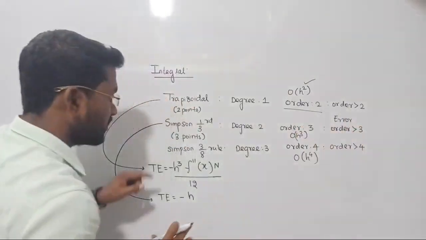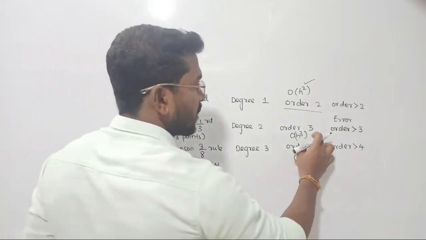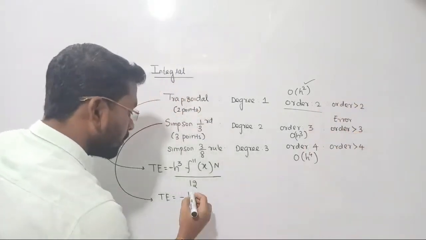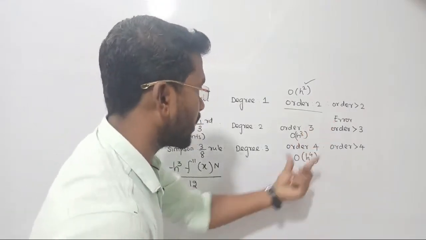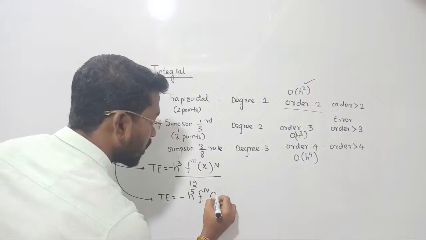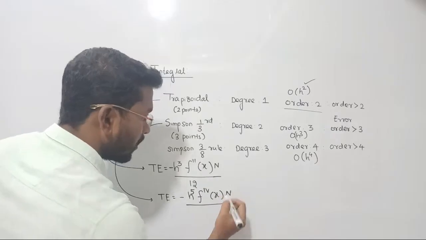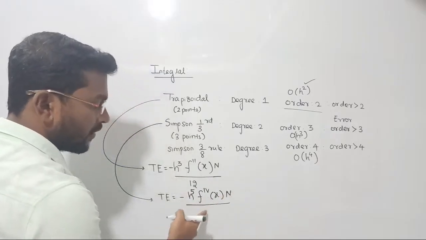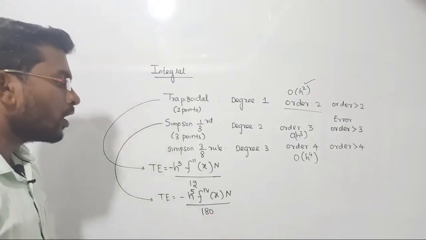Generally I am defining the 3 point rule only, but I am raising the order above 3, in the sense minimum we are considering, so I am just considering 5, and I am considering these two cases here. We are just going up with the 4th order derivative. In the denominator, for n intervals, already I had told you, without n we are having 90, with the n it will become n/2, such that the formula is going to be 180.